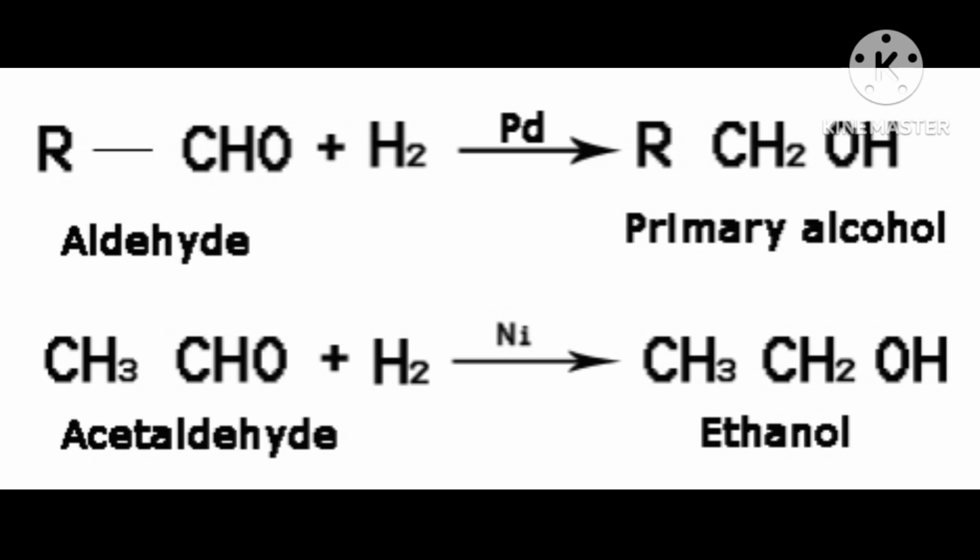RCHO, where R is an alkyl group, plus H2 in the presence of palladium, will form RCH2OH. In RCHO plus H2, these 2 hydrogens make bonds with carbon and oxygen respectively.